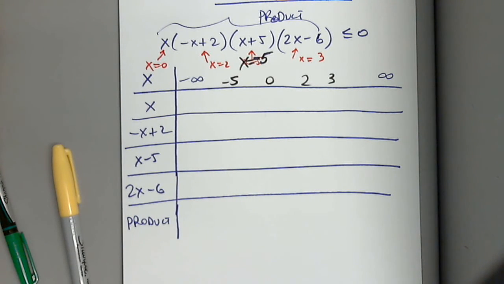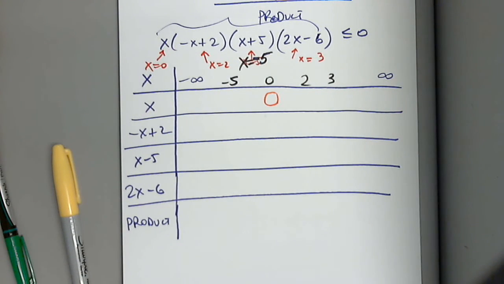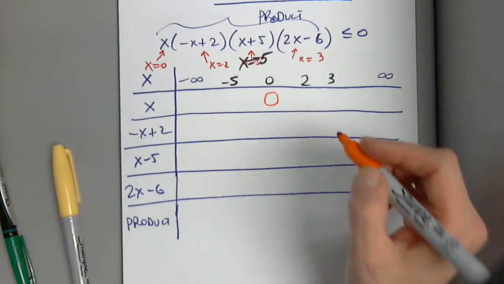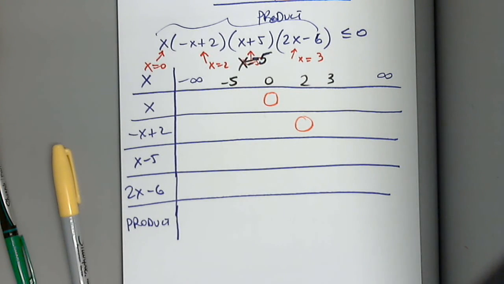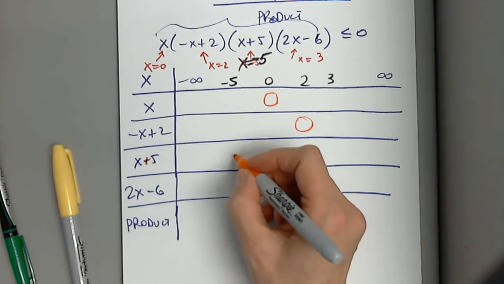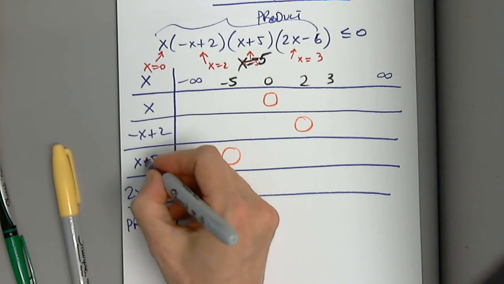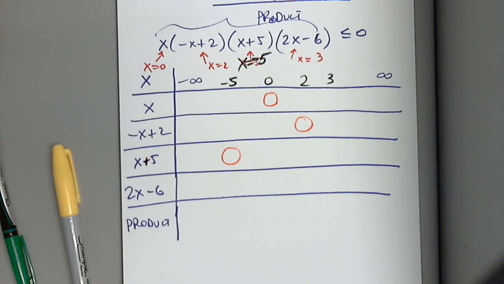Under which number? Under 0, of course. The next factor has a 0 somewhere. Under which number? Good. The next one has a 0 somewhere. Under? Thank you. And the last one? Under 3. Perfect.